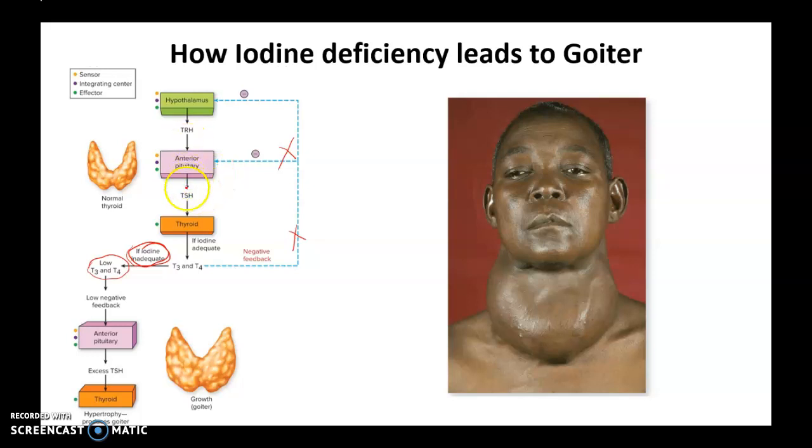I need to produce more TSH. So it'll keep producing TSH in excess. Excess TSH will overstimulate the thyroid gland, and overstimulation of the thyroid gland will result in hypertrophy, and you will have a very enlarged thyroid gland.